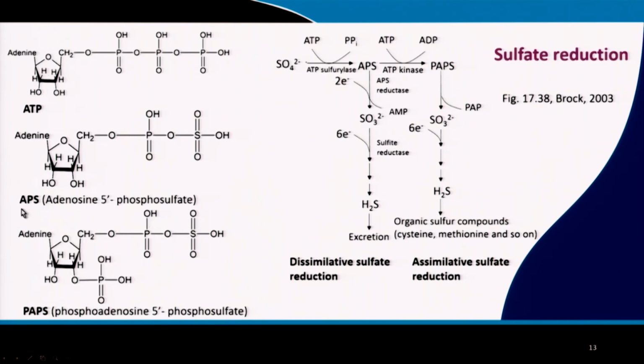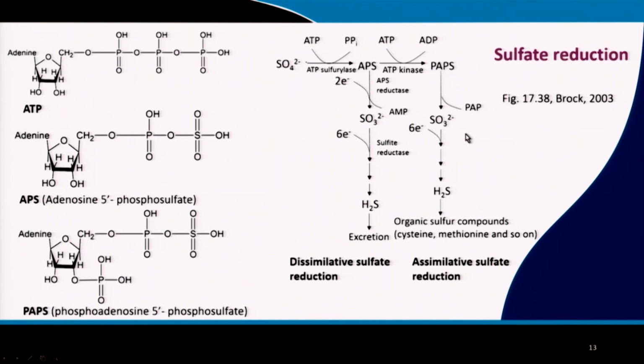It has already been formed as APS, so that is adenosine 5-phosphosulfate. Another phosphate is added at the C2 position to get phosphoadenosine 5-phosphosulfate, and that's PAPS for short. Now ATP is being converted to ADP, and a PAPS molecule is generated. The mediating enzyme is APS kinase, and when PAPS is converted to sulfite, PAP is released.